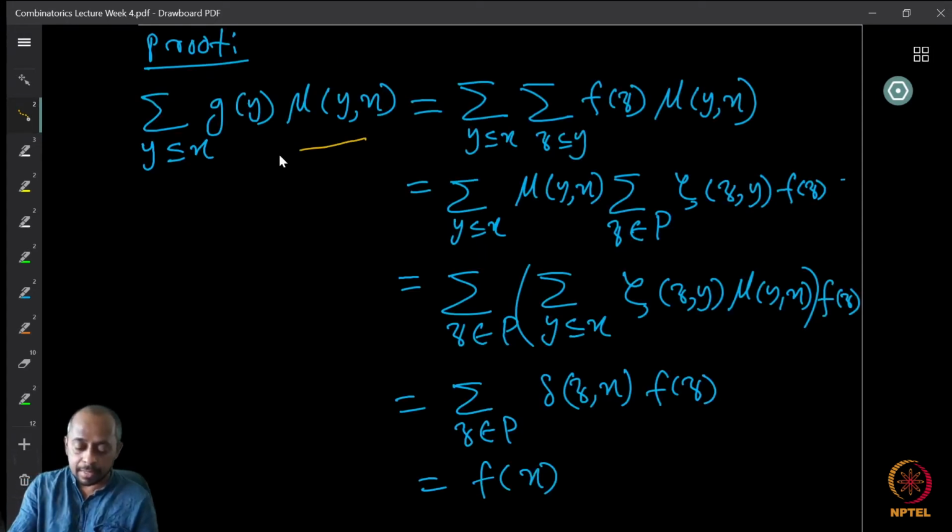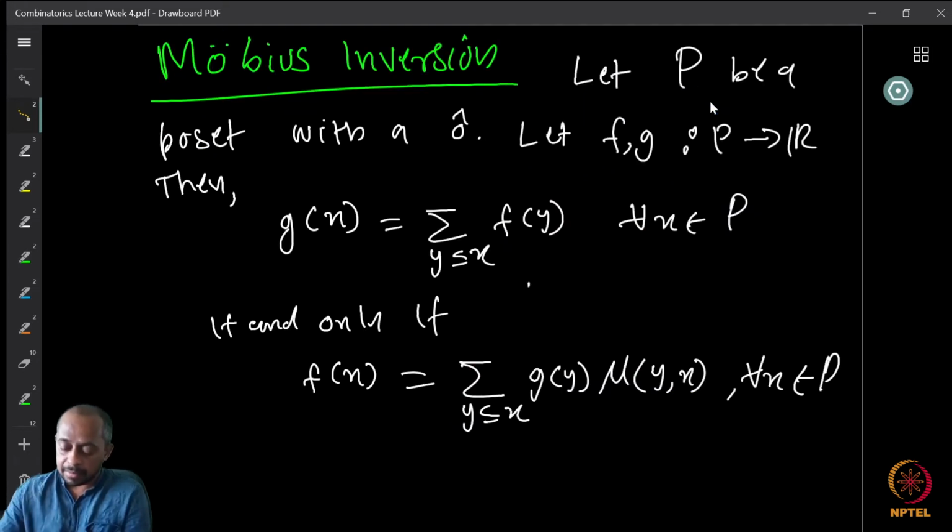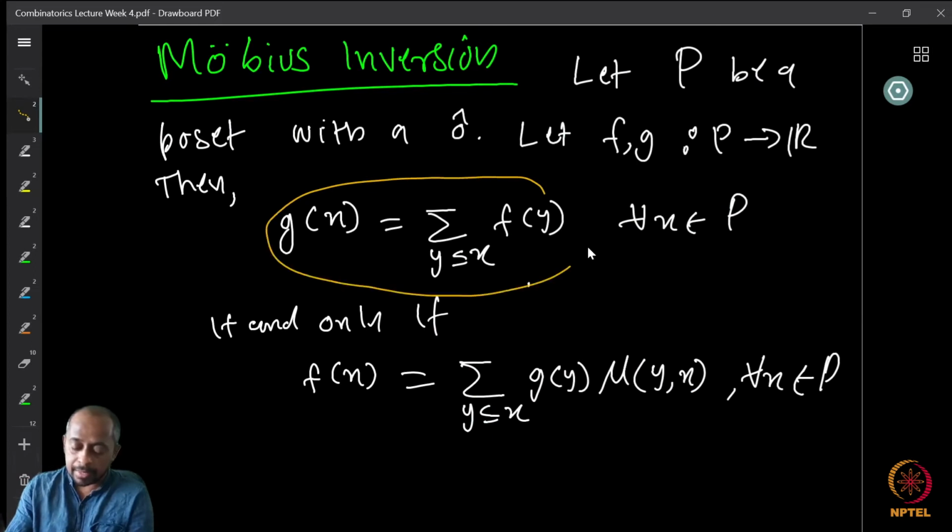We will start with the right hand side and then work it out. This is by the definition of the product, right? So g times mu is defined as the summation over y less than or equal to x, summation over z less than or equal to y, of f of z into mu of y comma x, because I can write g of y in this way.